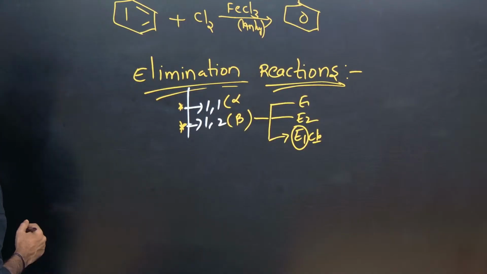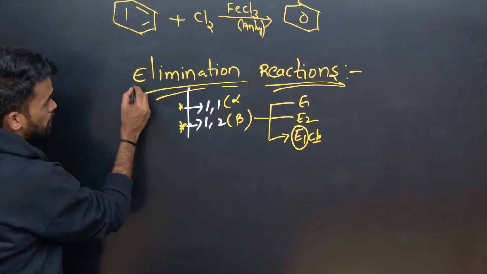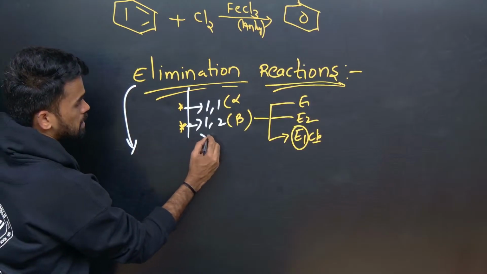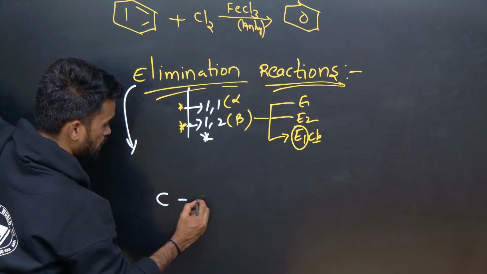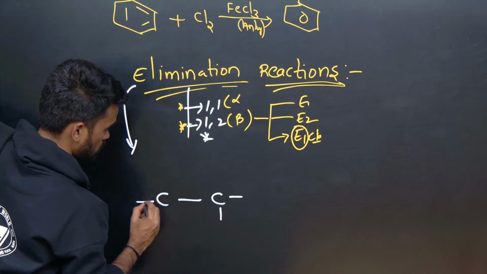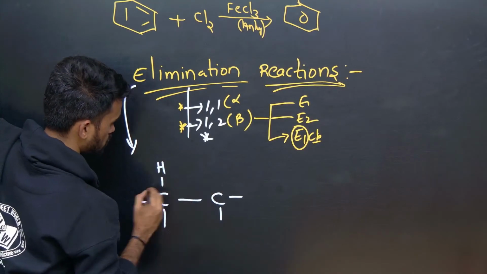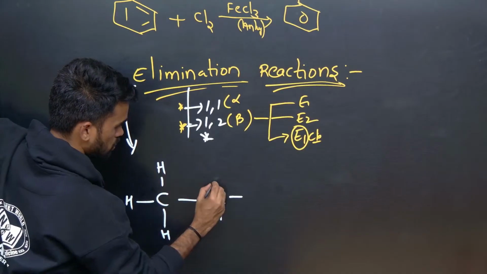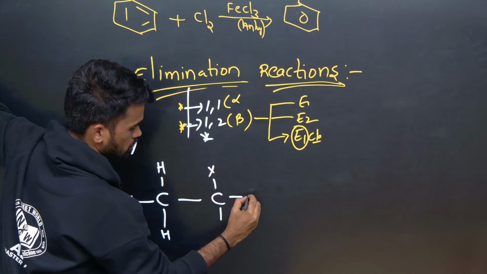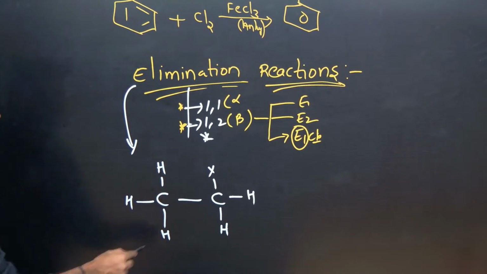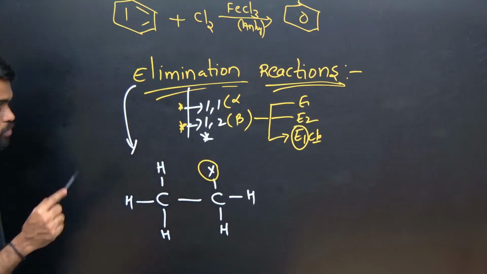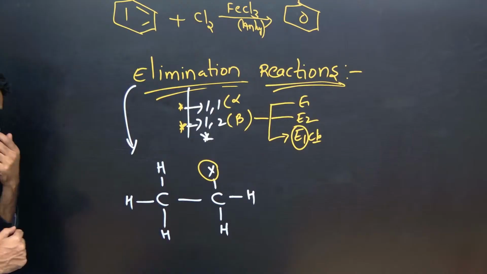Now let us understand what happens in the elimination reactions, especially this 1,2 or beta elimination. Let me write in this manner. Something like this we have. Here consider X is a halogen like chlorine, bromine, iodine.